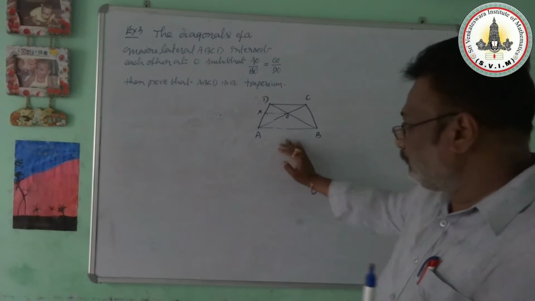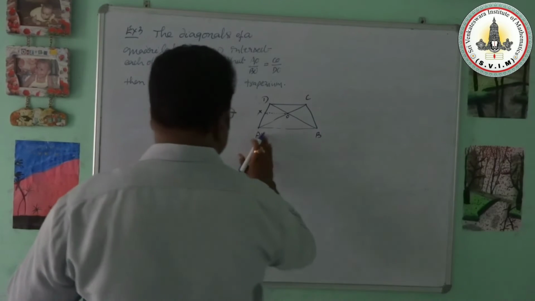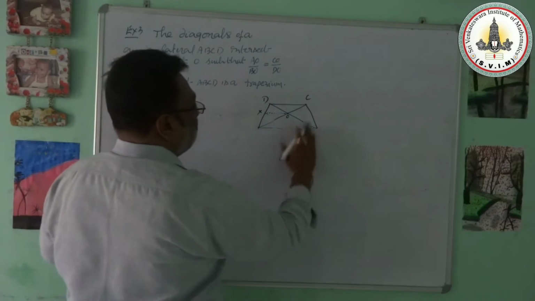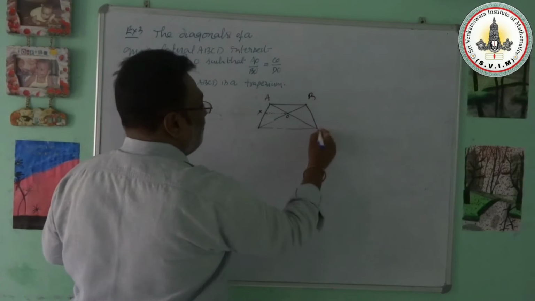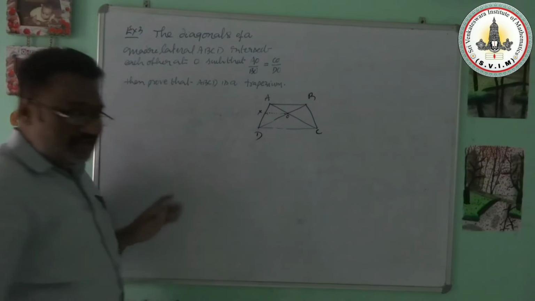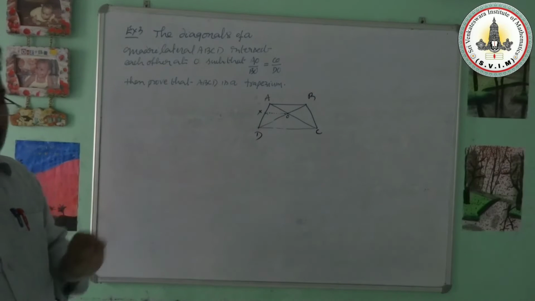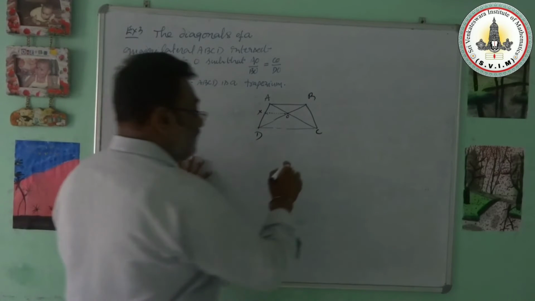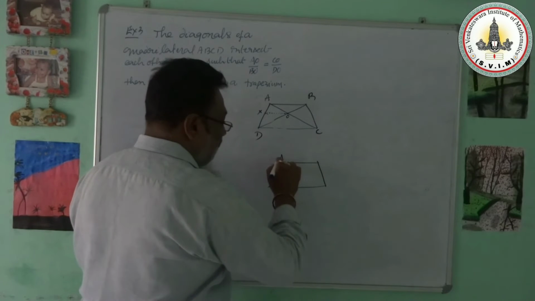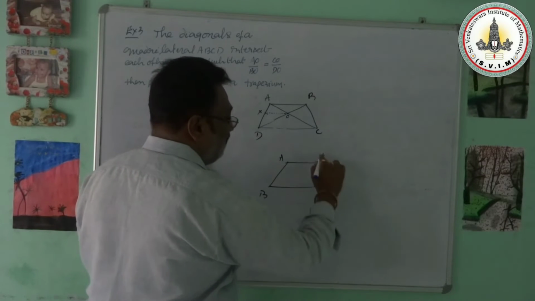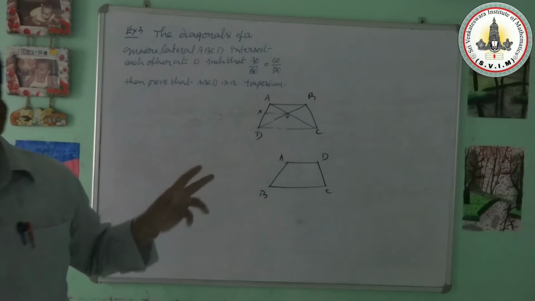But here, if you take this figure, in this way also you can get the proof. Otherwise, if you take the problem in this way, you cannot get the proof.